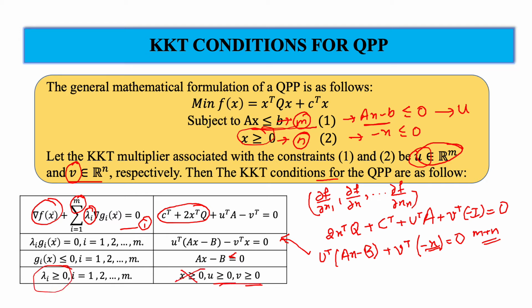So these are the KKT conditions for this problem. You can easily check these KKT conditions by writing one example of QPP. Try to write down the KKT conditions for that problem and see that we obtain these conditions for this particular QPP. Now these conditions can be rewritten, as we will see in the next slide.